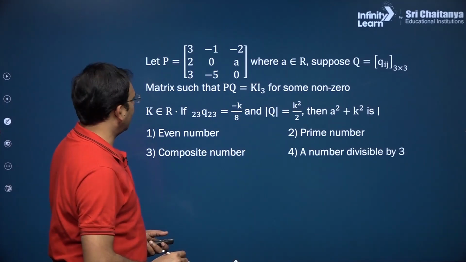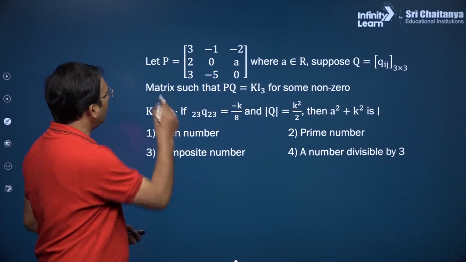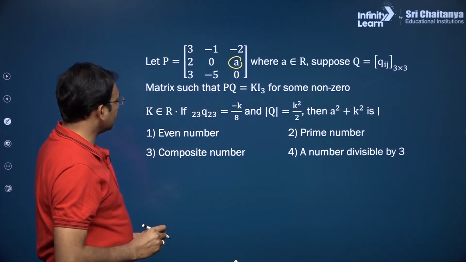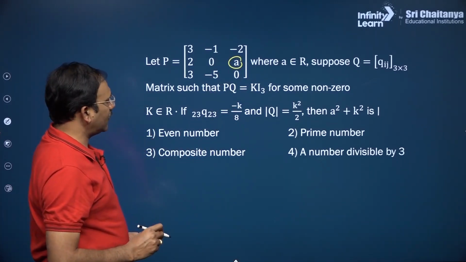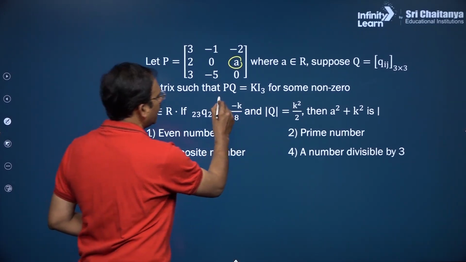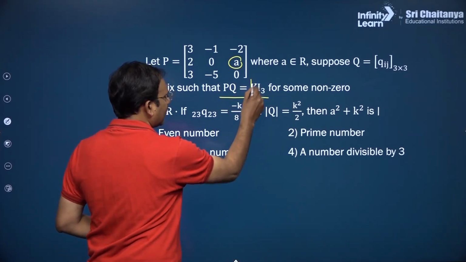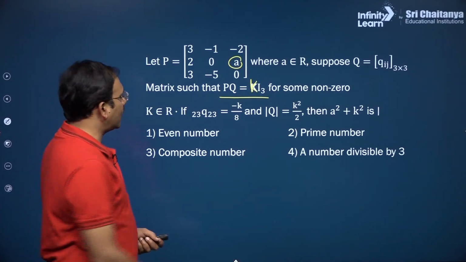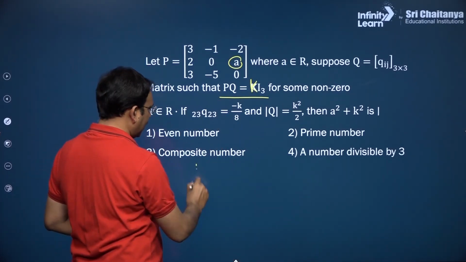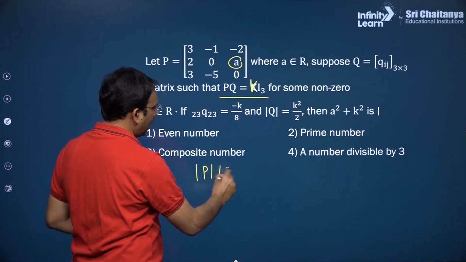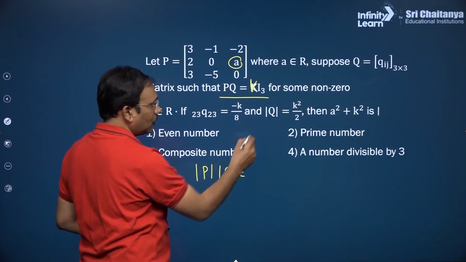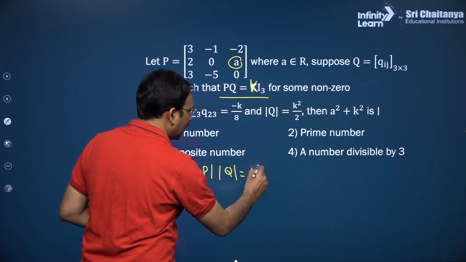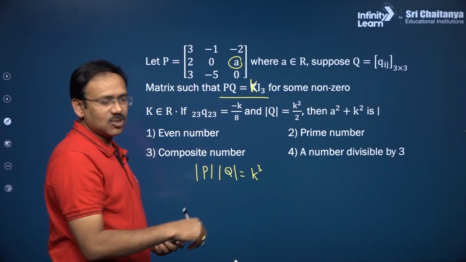Okay. Next, my dear friends, you see this question: P is some matrix given where A is some unknown. Now given, my dear friends, det Q is given, and PQ is small k itself, not some other k. PQ is small k into I cube. So first, friends, you just apply det on both sides. Det P into det Q is equal to det of k I3; k is a number, so you will get k cube because k can be taken common from each column.